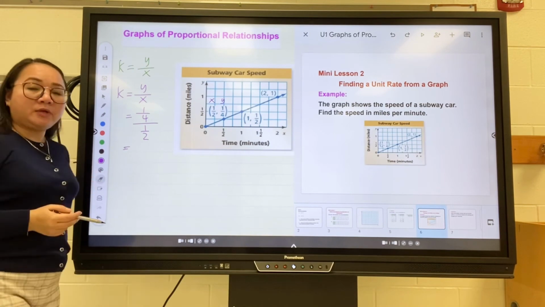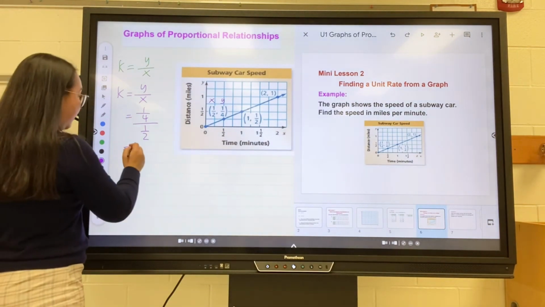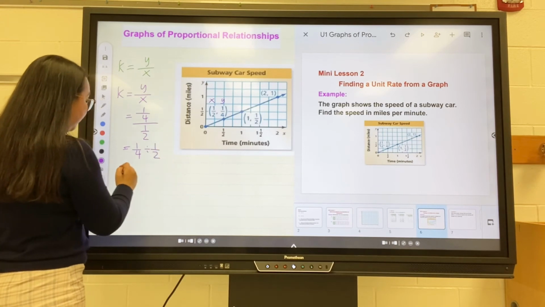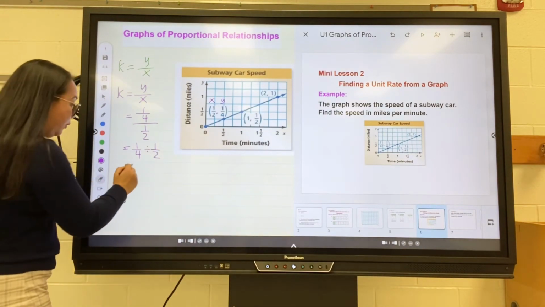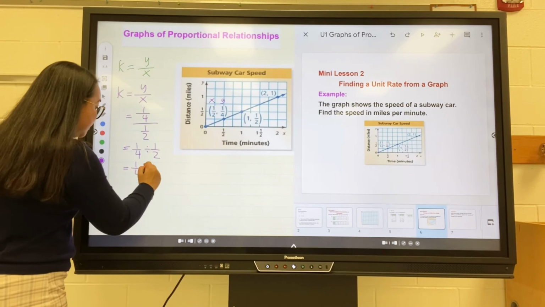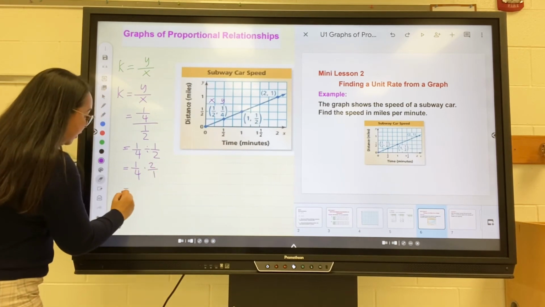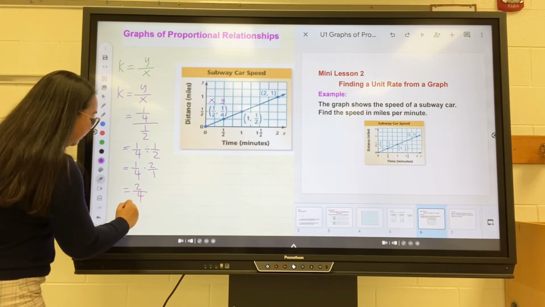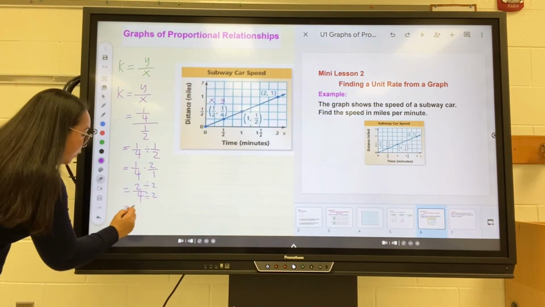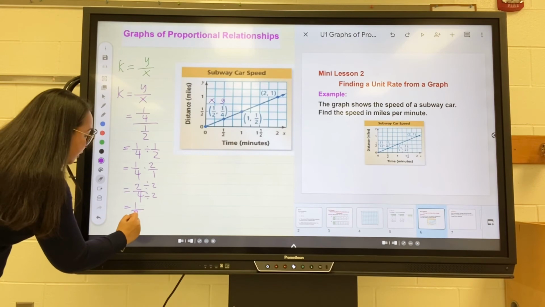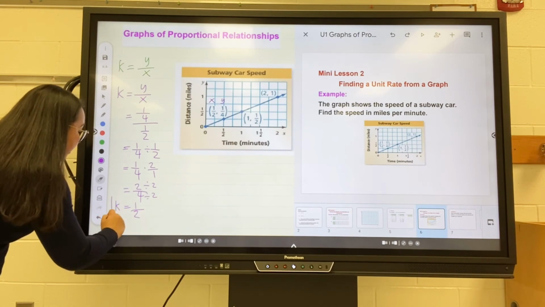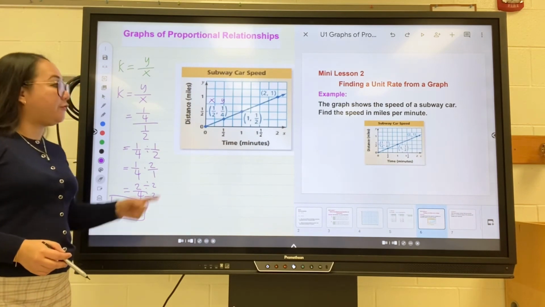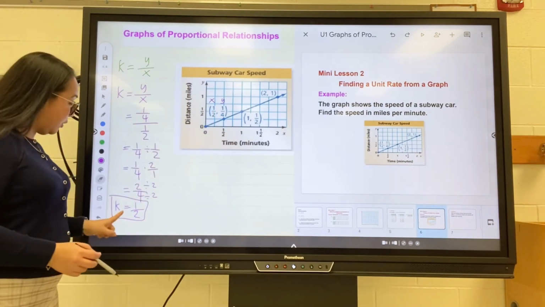Since fraction bars represent division, we can write this down as 1/4 divided by 1/2. Applying the reciprocal, we have 1/4 times 2 over 1. 1 times 2 is 2. 4 times 1 is 4. Simplify. 2 divided by 2 is 1. 4 divided by 2 is 2. So k is 1/2. So the constant of proportionality for the first ordered pair is 1/2.